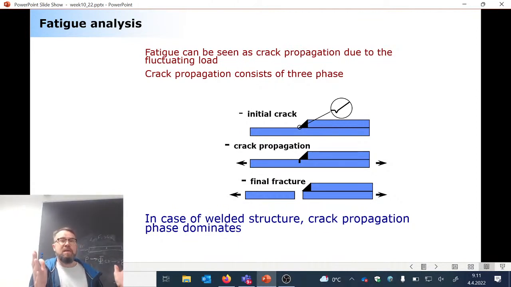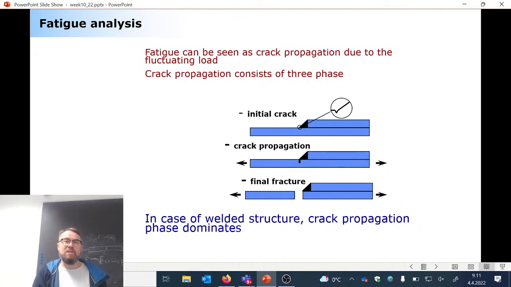That's about it. Final fracture takes a fraction of a second. That's when the crack is so large that the structure is no longer able to hold the load and it will break. So crack propagation is the one that dominates here.